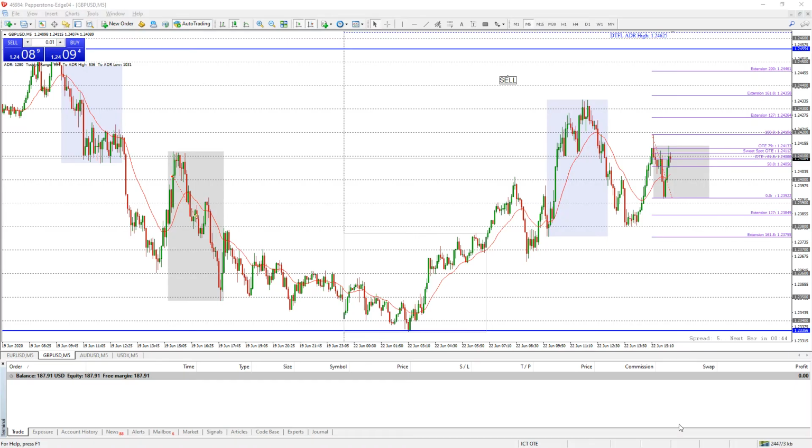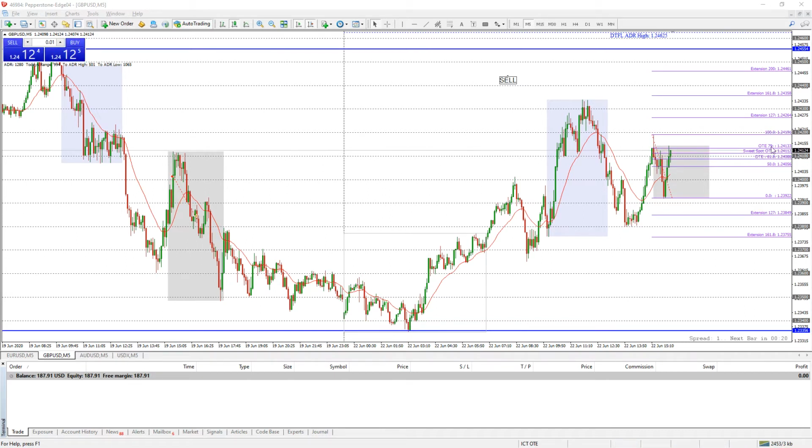Hey, so here we are back. Nothing's moving at the moment. Let's see where we go from here. Right, I'm still liking this trade unless it decides to close above this line here.